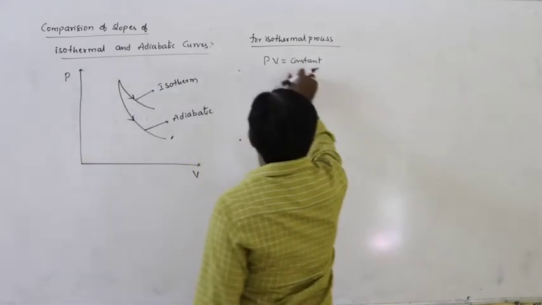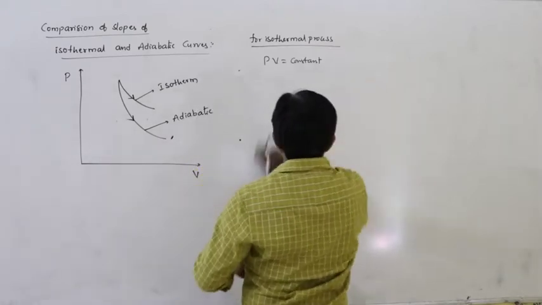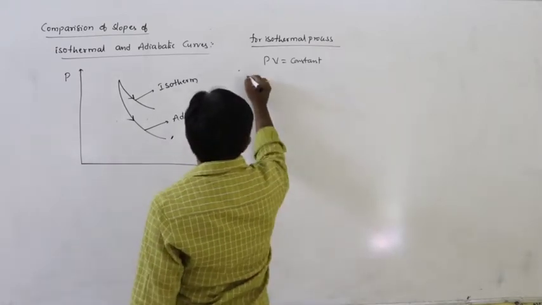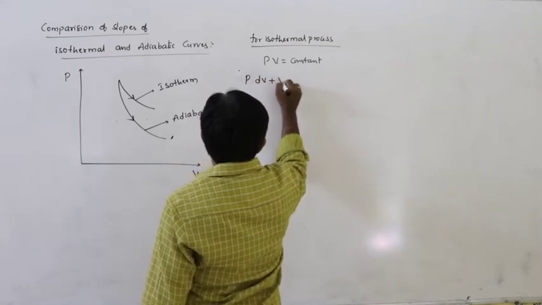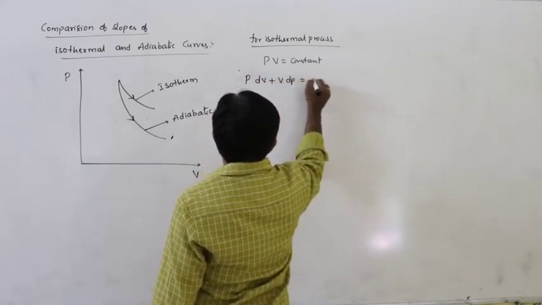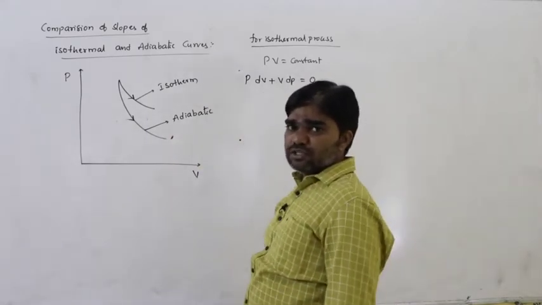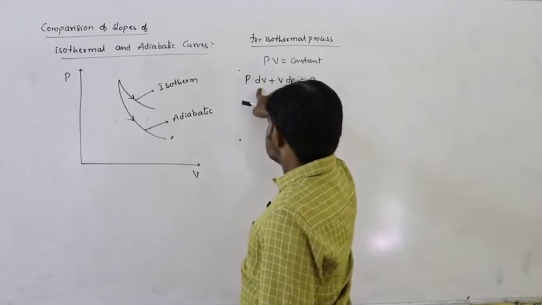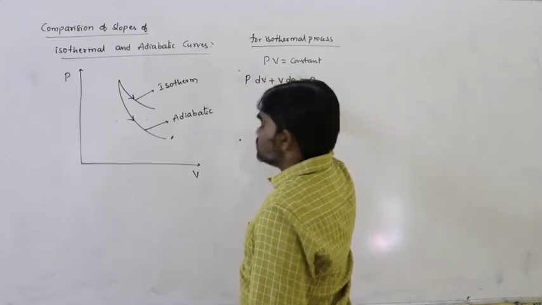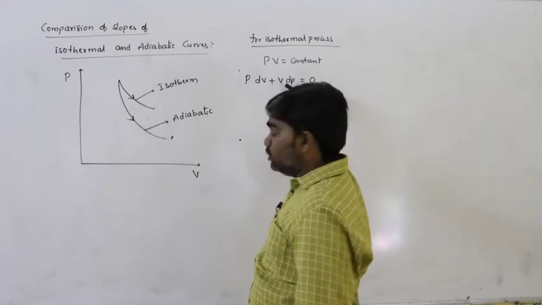So PV equals constant, differentiating on both sides: P dV plus V dP is equal to 0. Previously we discussed differentiation of the UV formula: first term times differentiation of the second term, plus second term times differentiation of the first term, and differentiation of the constant term is 0.